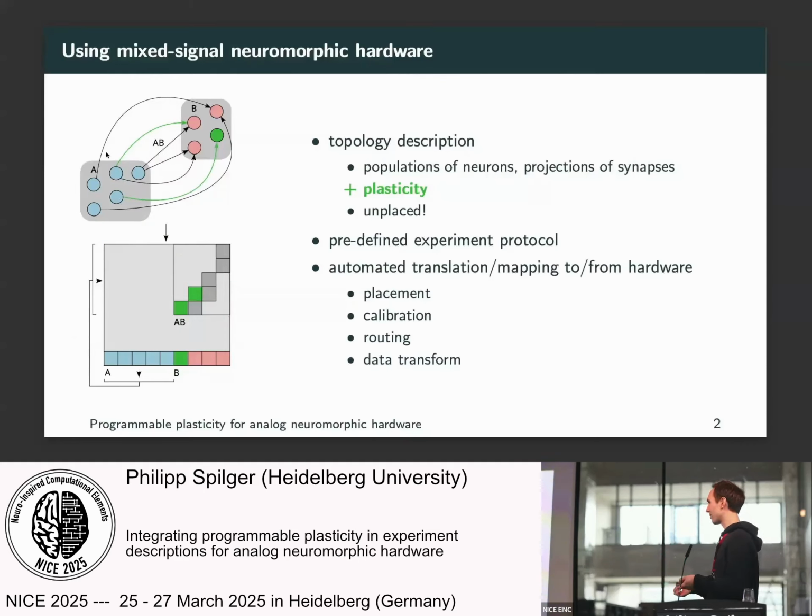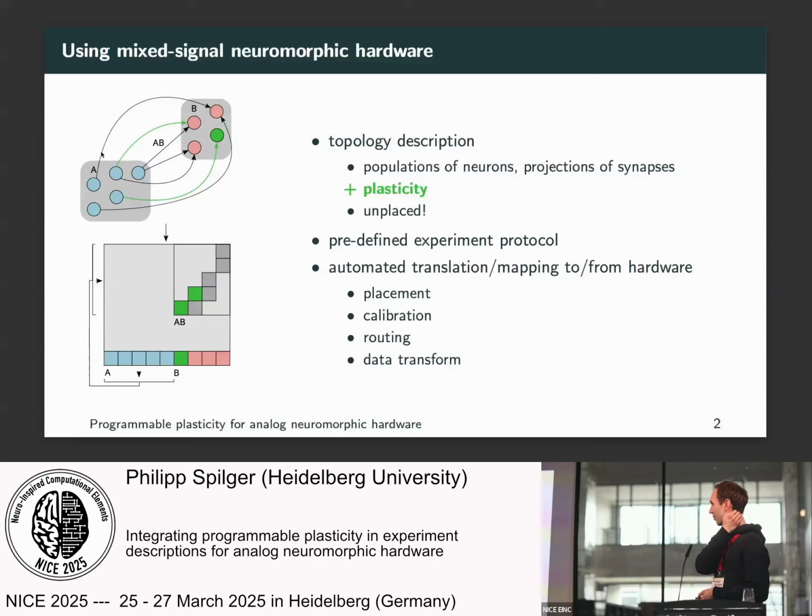In addition, for the user to be able to only talk to this nice abstract representation, we need data transformations which transform user-given data down to the hardware and hardware-given data back up to the user. To include the programmable plasticity into this framework, we need to do all these steps also for the plasticity.